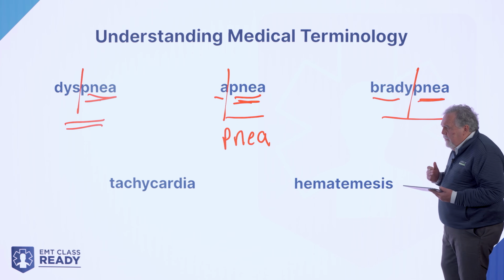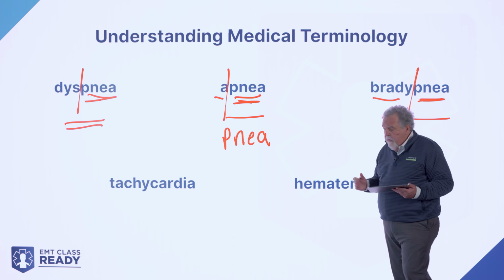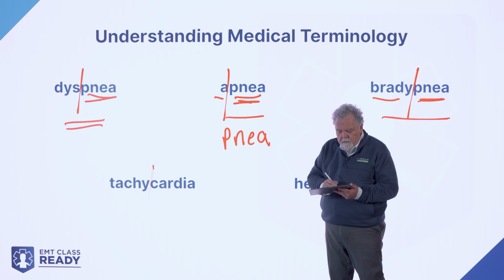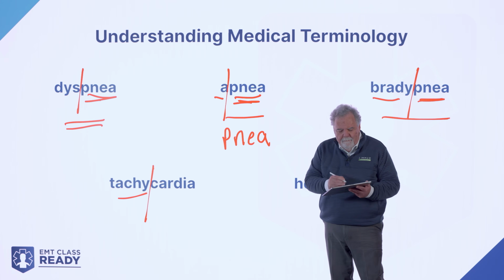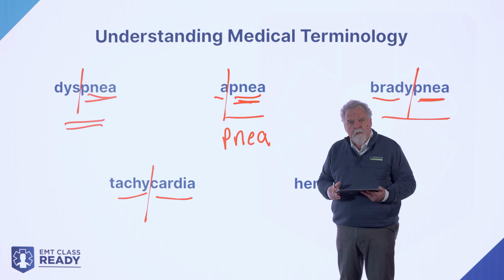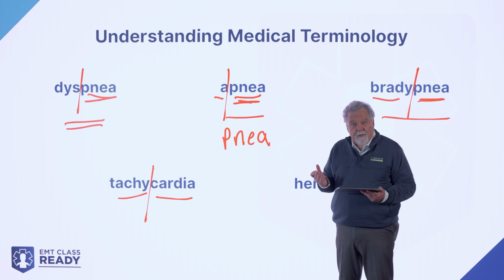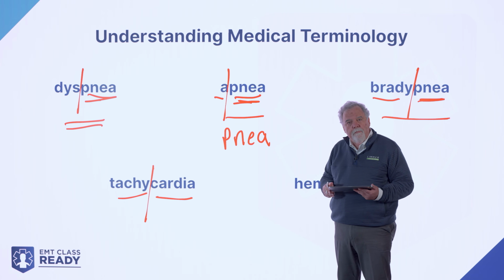But I've got a couple other things I want to show you, because brady means slow. Well, coming back over here, tachy means fast. Now, I'll bet if I asked you right now what cardia means, I think you might guess it's the heart, right? So tachycardia means rapid heartbeat. So we know brady means slow and tachy means fast.